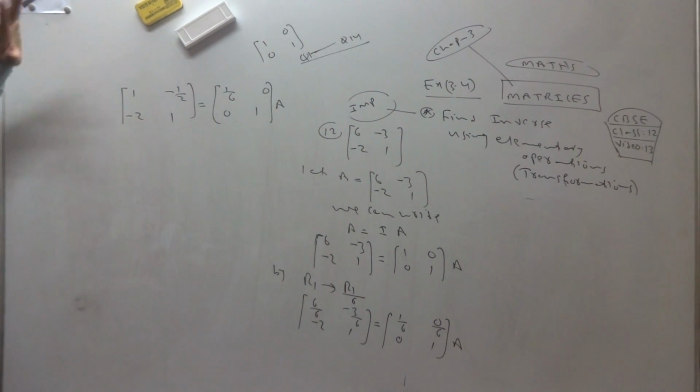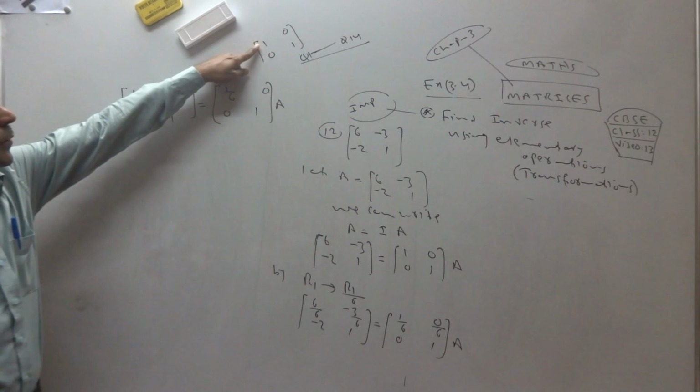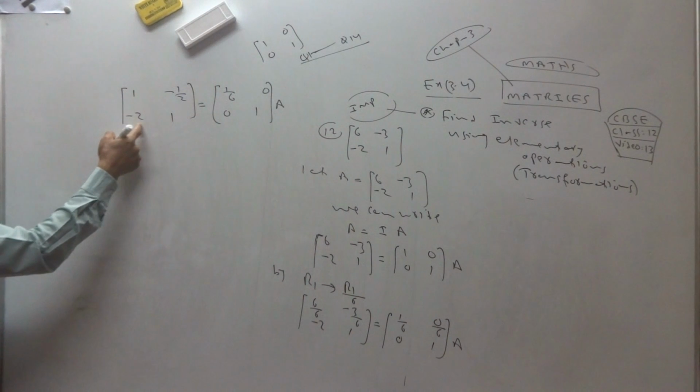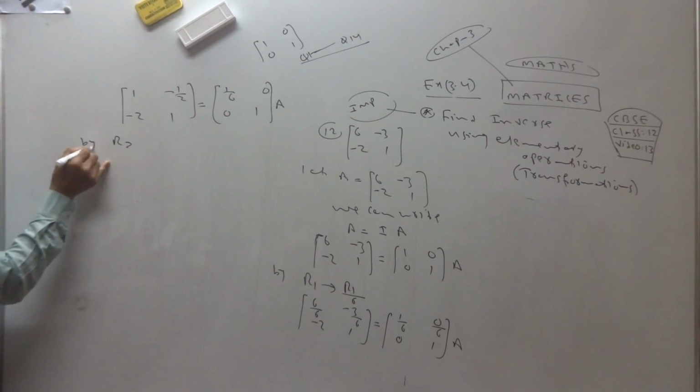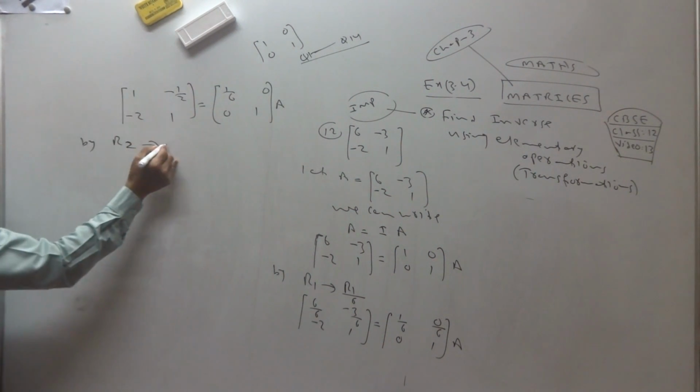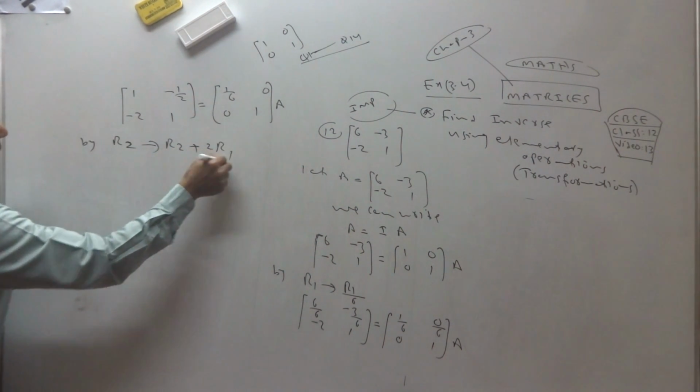Yes. See, in every sum what we are doing, after getting 1 we make this 0. So how can I make this 0 here? Now I have to get 0. So by this operation, R2 plus 2R1. Am I right?